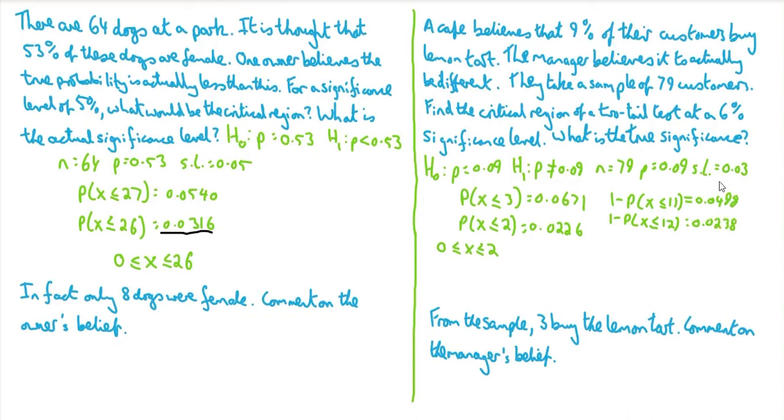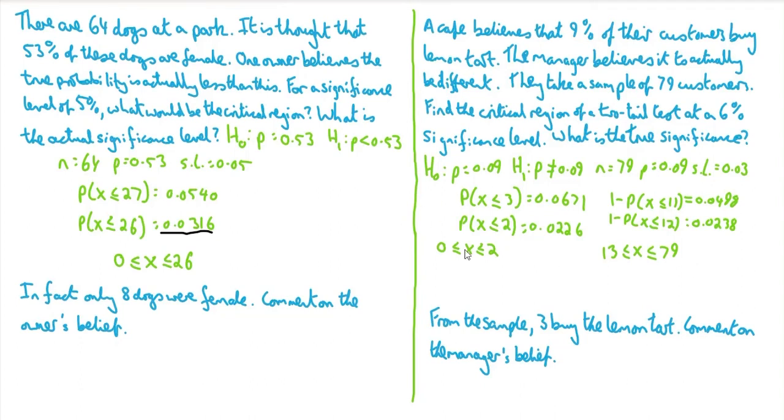This is less than the significance level, so this is what we're going to take. However, we just must clarify that because we're after the greater than or equal to specifically, this is the same as the probability of x is greater than or equal to 13. Now, since x is greater than or equal to 13, that makes 13 the lower bound of this upper critical region. So we'll have that 13 is less than or equal to x, which in turn must be less than or equal to 79, because that's the maximum number of customers that we can have in this scenario.